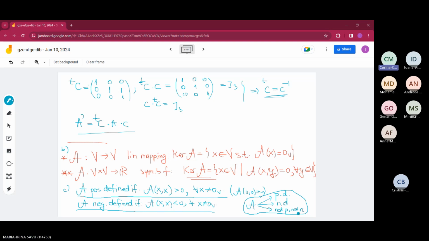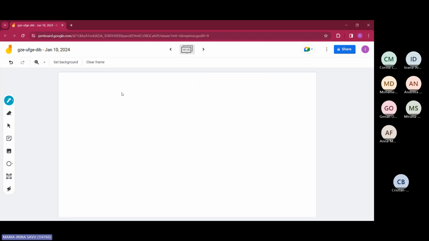I'm sorry, could you repeat because I couldn't hear anything? Okay. So I told you that if you have A, the matrix of A, this matrix has some minors. This one is the minor of order 1, delta 1.